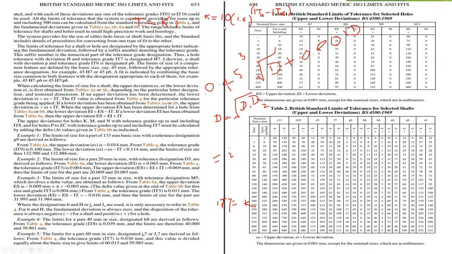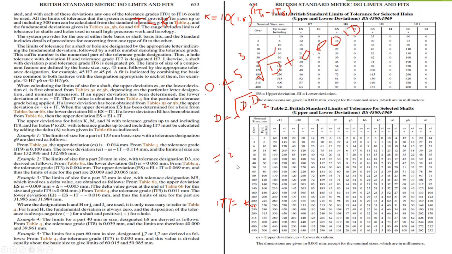So if it is IT grade 7, and IT grade 6 is here, I will get the value of K as 16. So the tolerance in mm will be 16 times I, and the value of I we get from here: 0.45 times the cube root of D plus 0.001 D, where D1 and D2 are the nominal range sizes.